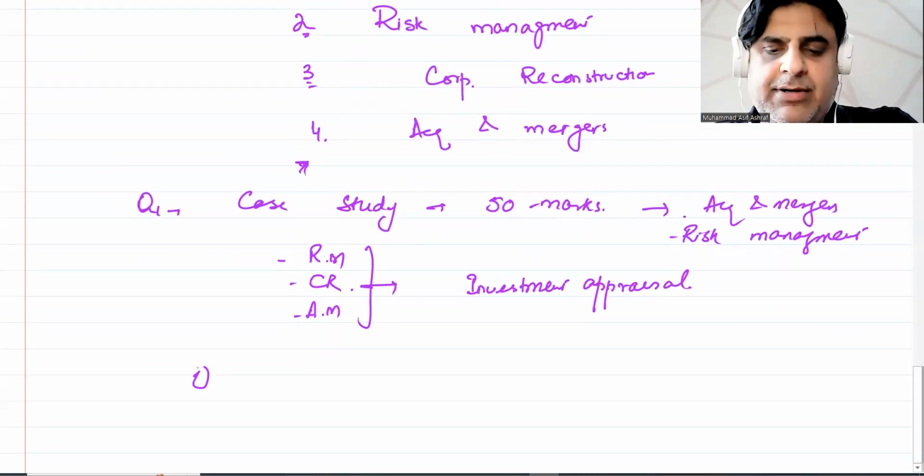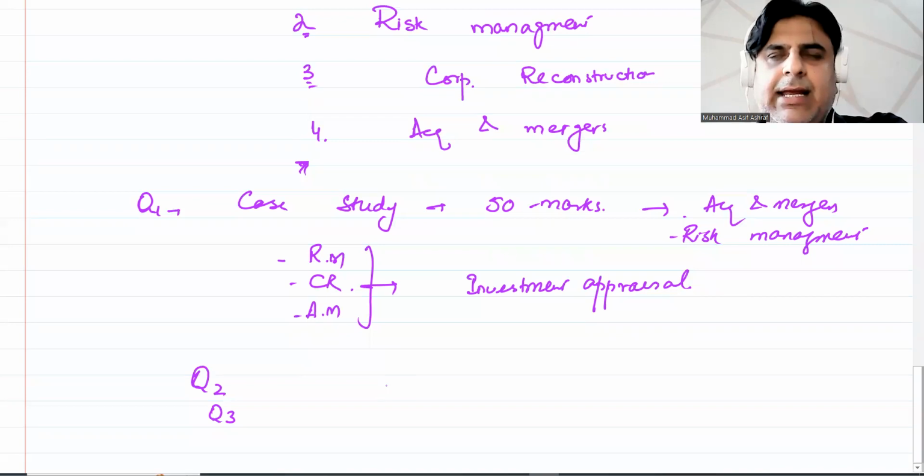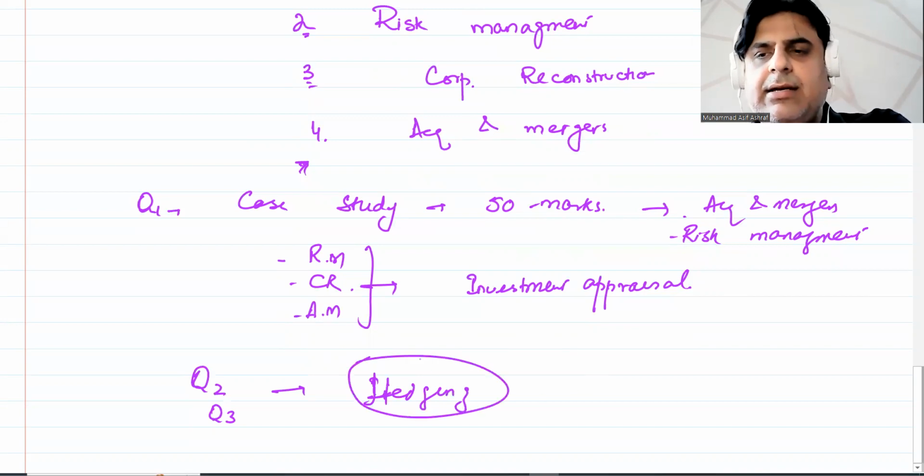As far as question number 2 and question number 3 are concerned, if you have a case study from investment appraisal, corporate reconstruction, or acquisition and merger, then you will expect one complete question from hedging in section B. Then one complete question from hedging.